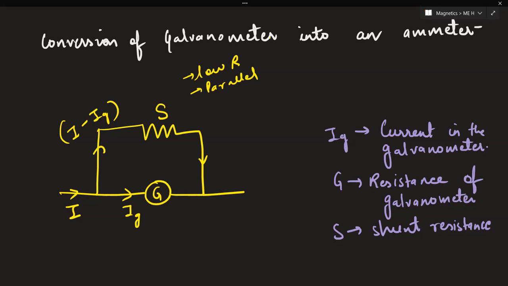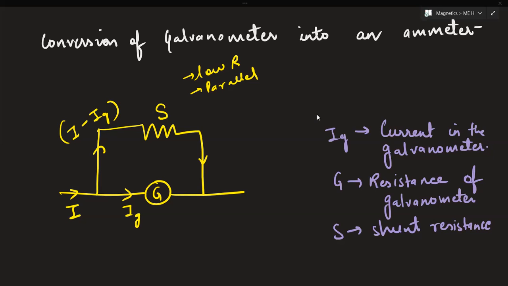Fine. Now see, class. If these are connected in parallel, then name the quantity that remains the same. Which quantity remains the same in case of parallel combination? One quantity that remains the same.